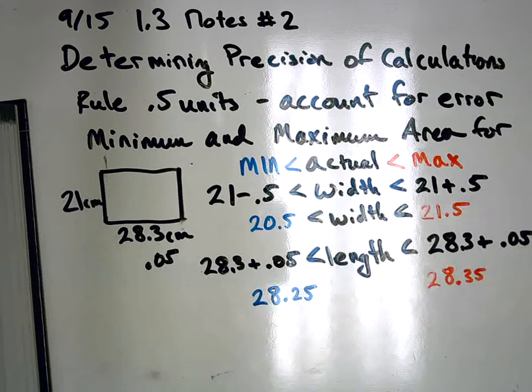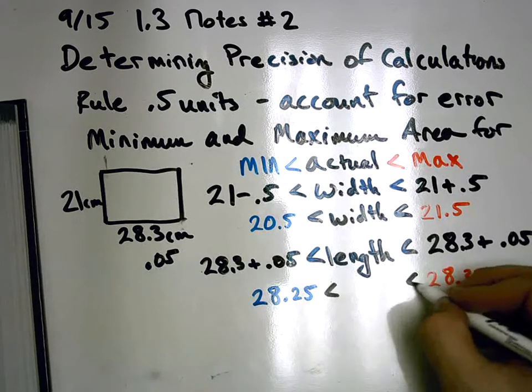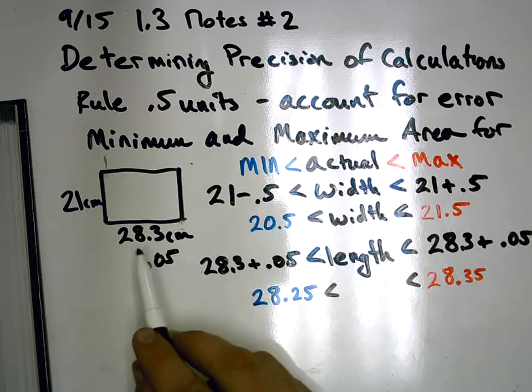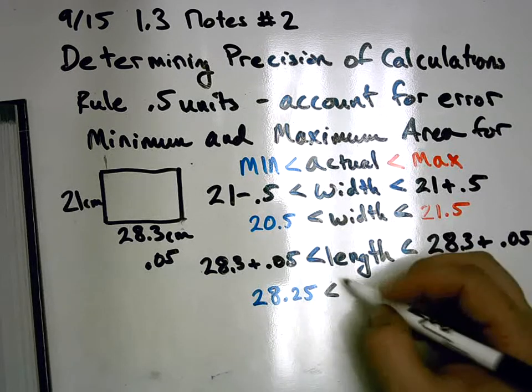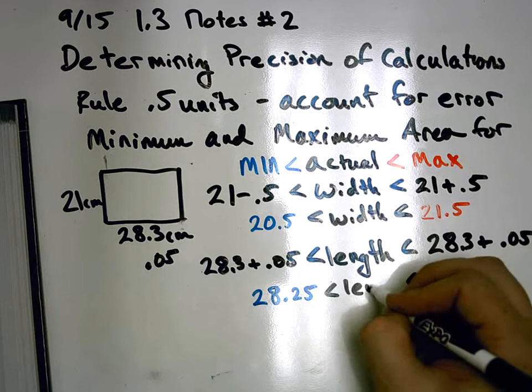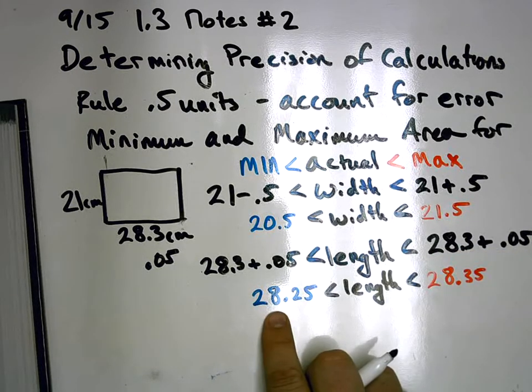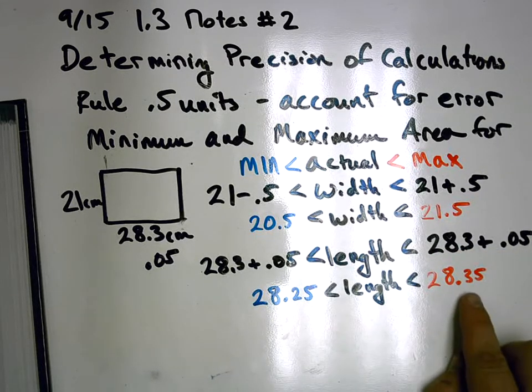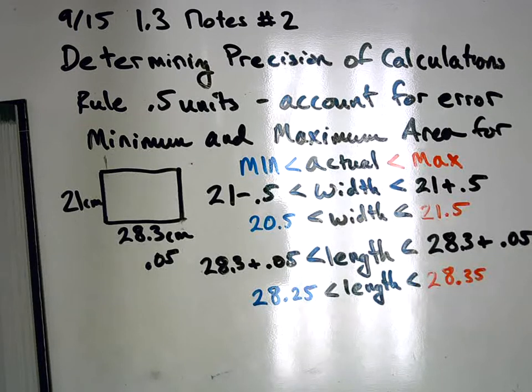So our actual length, because our measurement's not perfect and it's not going to be this number, it's going to be between these two here. So you have length here. It's going to be between the minimum 28.25 centimeters and 28.35 centimeters.